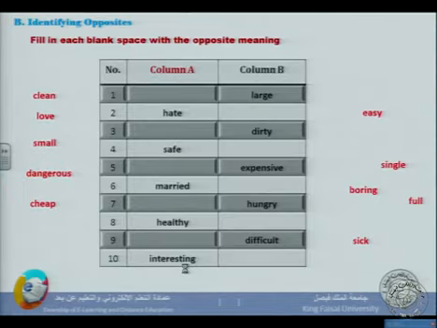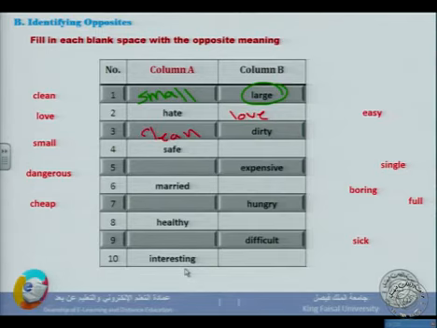Fill in the blank each blank space with the opposite meaning. Opposite meaning شو معناها؟ النقيض. Large معناها كبير. شو نقيضها؟ Small. Hate معناها يكره. شو نقيضها؟ Love. Dirty معناها وسخ. شو نقيضها؟ Clean.